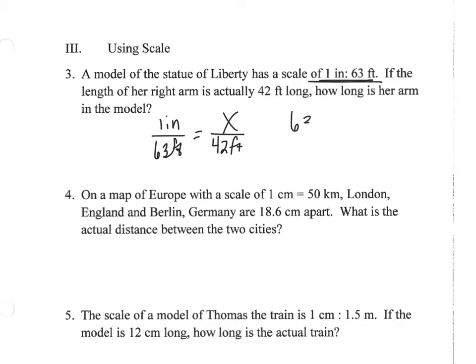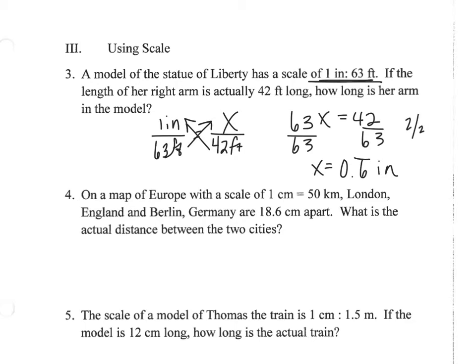So we have their cross products, so 63 times x, 63x, 42 times 1 gives you that 42, and then divide both sides by 63, and you'll know x is going to be 0.6 repeating inches. So you can also call that 2/3. So her arm in the model should be 6/10 of an inch repeating, but it should be 2/3 of an inch on the actual model.